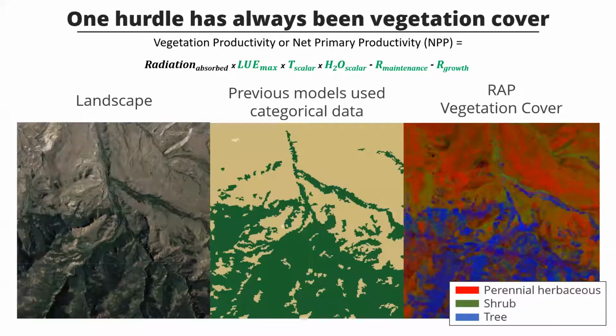We're essentially able to represent the predominance of these different vegetation types in a very nuanced way, so that the model is then able to say, oh, there's 30% perennial herbaceous cover, 40% tree cover, and 10% shrub cover, and it makes its calculations accounting for that vegetation community. And so the vegetation cover data set is really the big leap forward here in being able to represent these vegetation types.